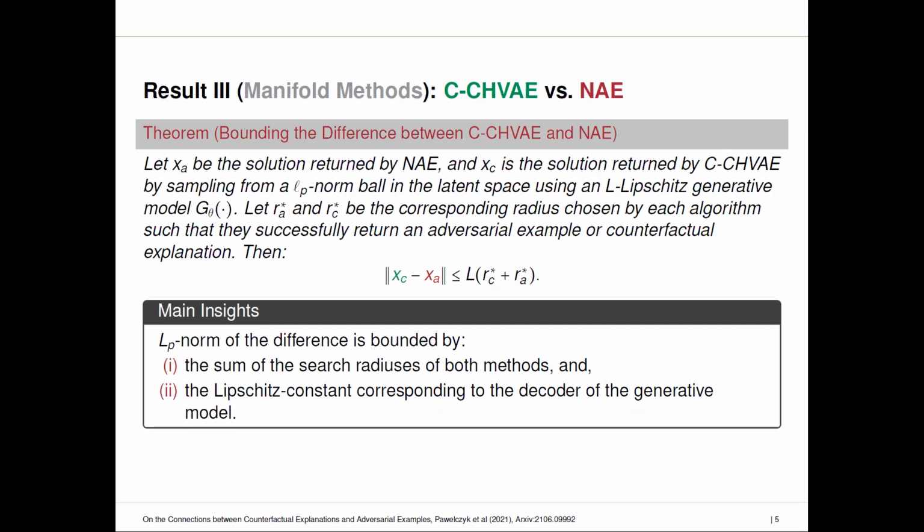Assuming that both methods sample from an Lp norm ball in the latent space using an L-Lipschitz generative model, we can bound the difference between the counterfactual explanations and the returned adversarial examples by the formula on the bottom again. It says that the Lp norm difference is bounded by the sum of the search radiuses multiplied with the decoder's Lipschitz constant. And those quantities, again, can be very easily computed from data.